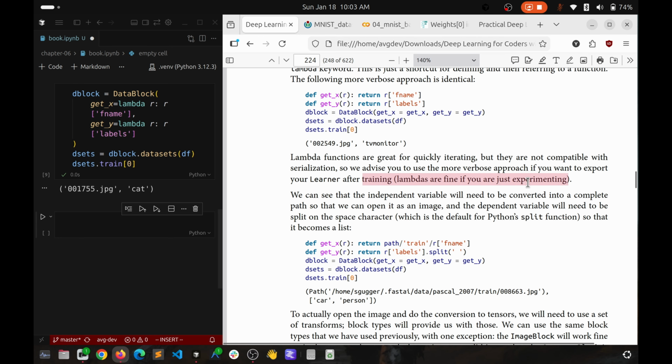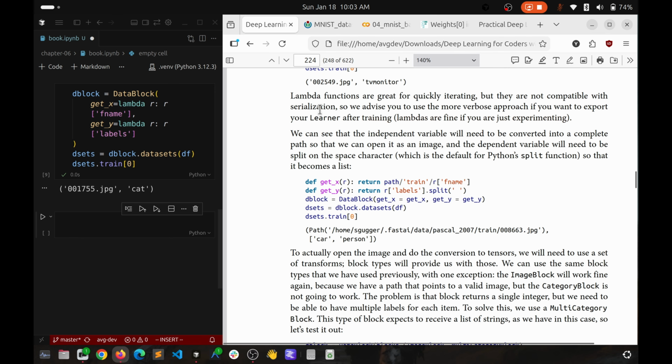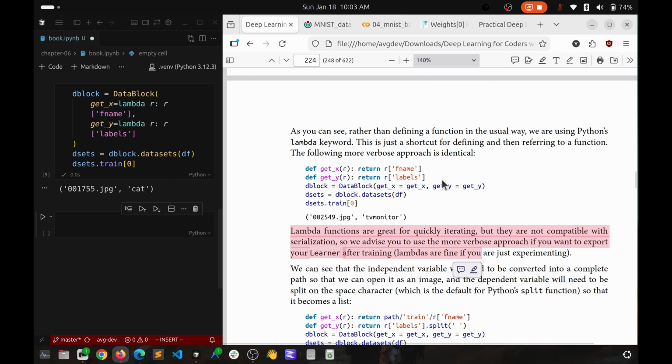Lambdas are fine if you're just experimenting. So that's important to remember: lambdas do not serialize. If we're going to take an image of our learner and save it into a pickle or whatever, we have to use the more verbose way, which is to just define the functions rather than using lambda.